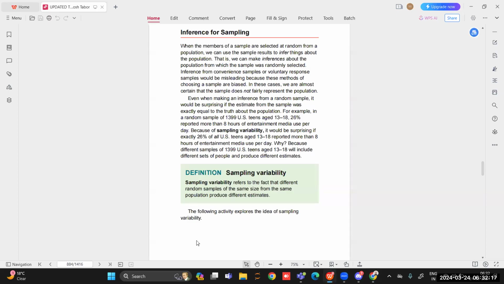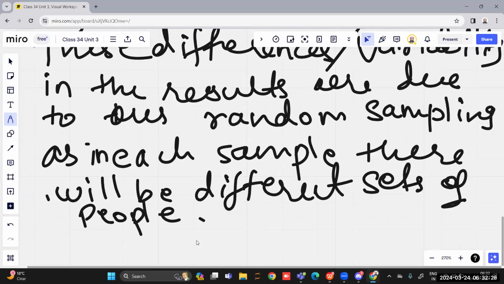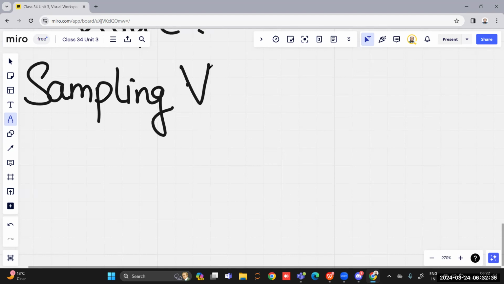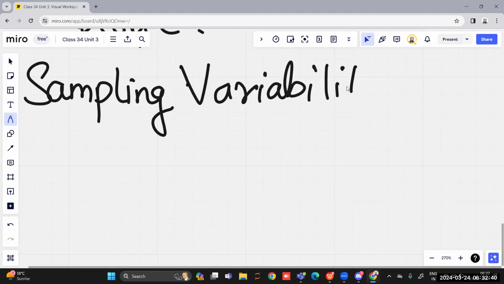So what is it called? Sampling variability refers to the fact that different random samples of the same size from the same population produce different estimates. So here comes the main topic: sampling variability. What is sampling variability?